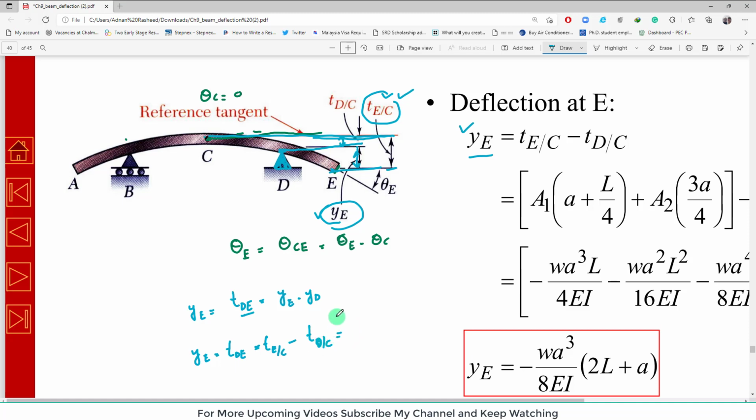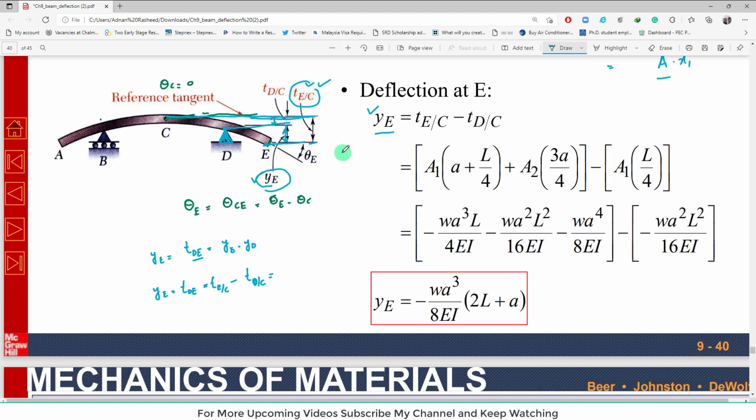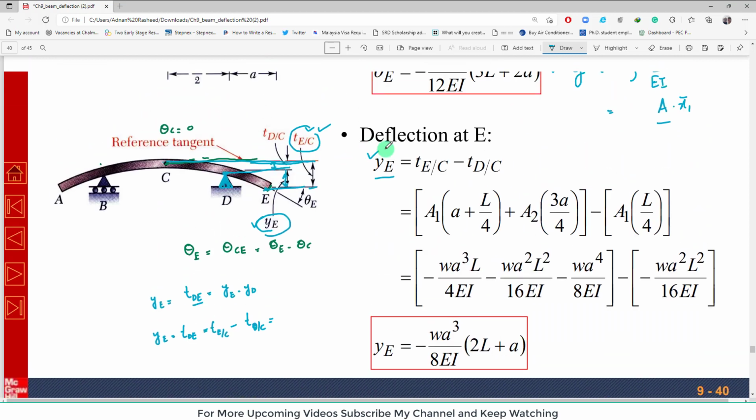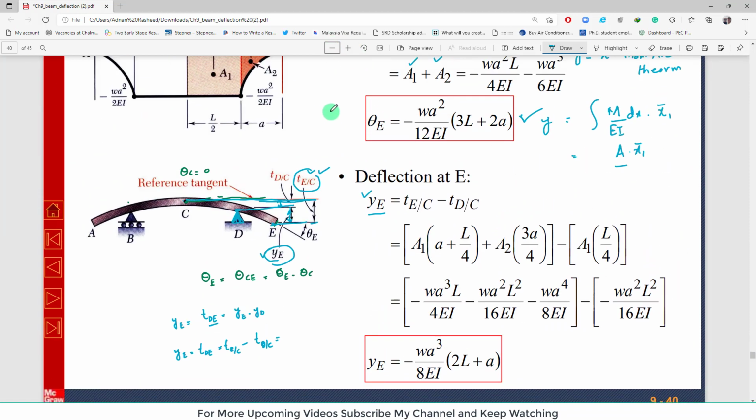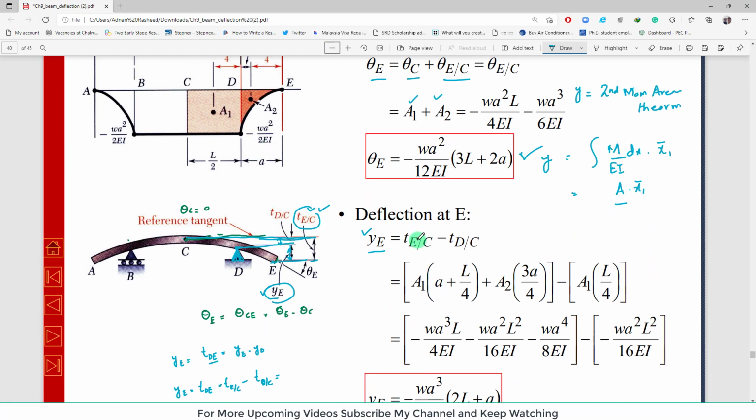There. Now you can see that we have the area M over EI diagram, clear? Again I will have to go back to that diagram. Here you can see TEC, which is the total deflection, and that is the area TEC. So from point C to E, this area will be covered.